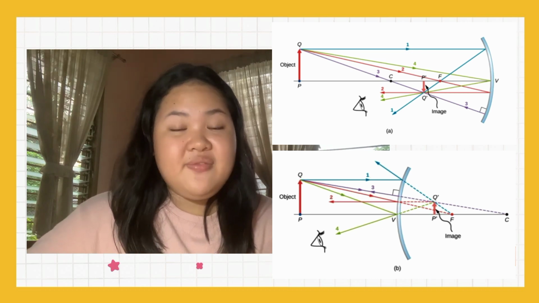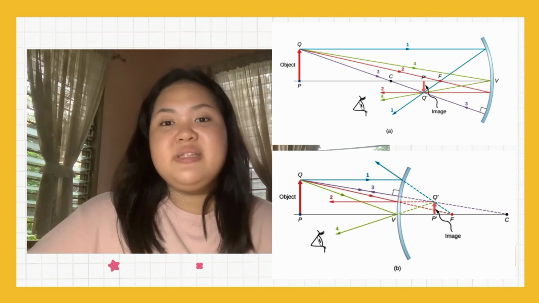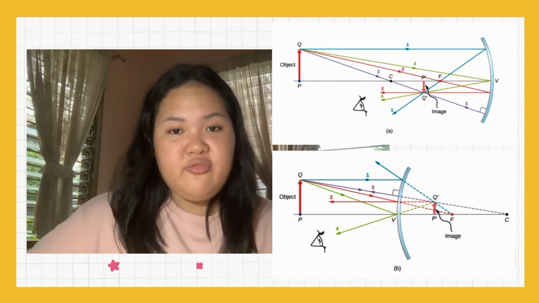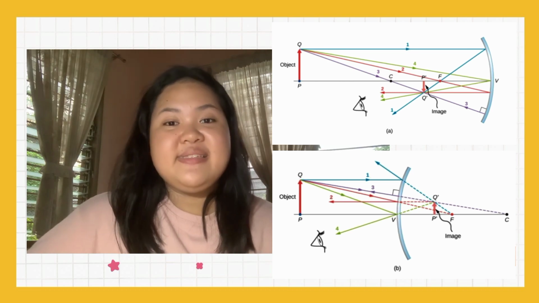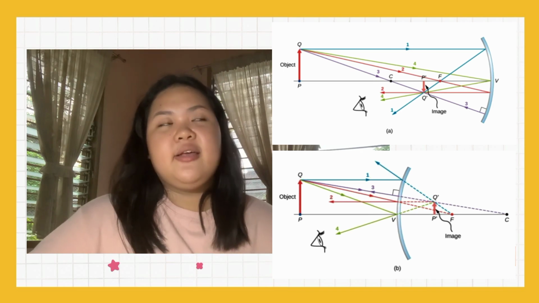It is then reflected back along the same line. Finally, principal ray 4 strikes the vertex, or the center point of the mirror, and is reflected symmetrically about the optical axis. By following these ray tracing rules, we can determine the location of the image formed by the mirror.